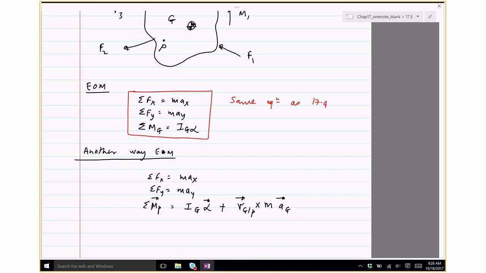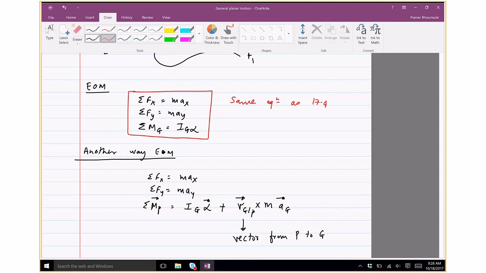If mass times acceleration is the inertial force due to acceleration, then in order to find the moment due to that part, you need to take the vector from P to G, and then take the cross product with mass times acceleration. Again, it'll become clear when I solve the problem.